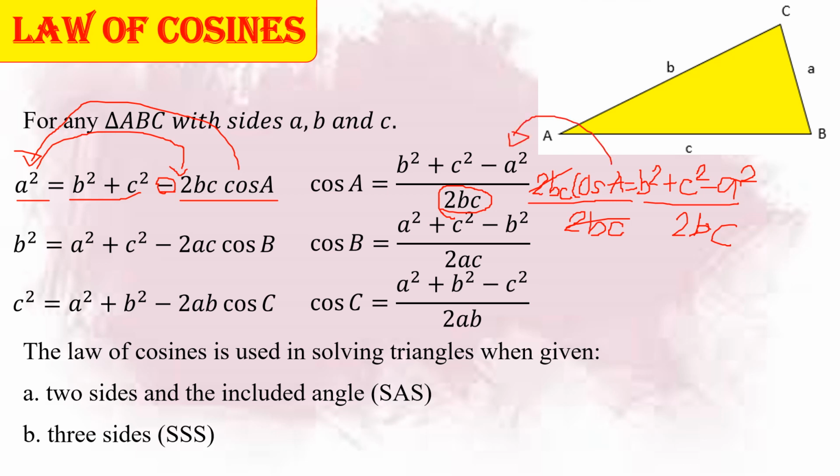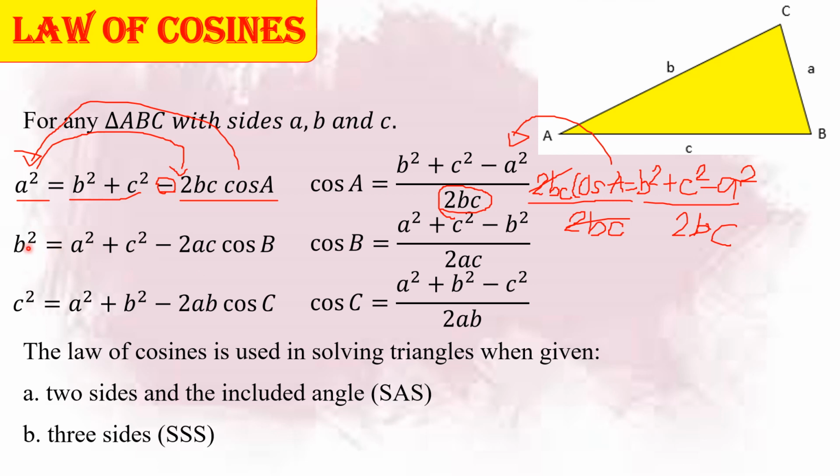Okay? Nakuha? Okay, so same goes with this one. If we are looking for the angle B, so let's just use this one. Cosine B is equal to A squared plus C squared minus B squared over 2AC. So we just derived this formula from this formula. Okay, so gano'n lang din yung gawin ninyo.